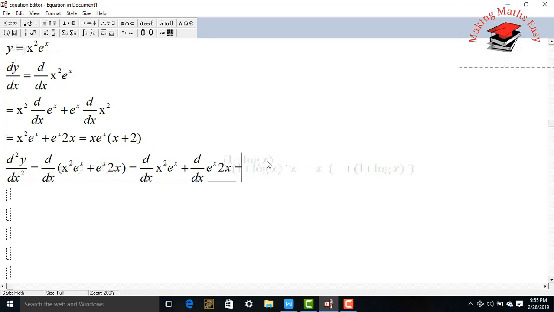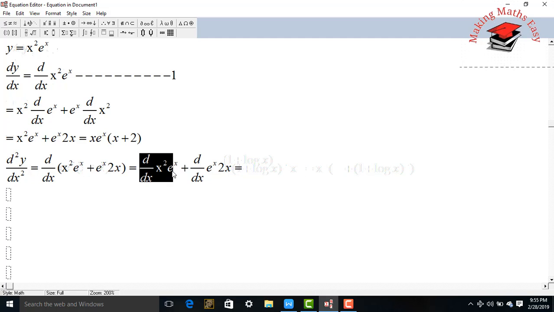So x square into the derivative of, means derivative, this part we know, because we can write over here a note that this is the first equation. According to the first equation, the derivative of x square e raised to x is equal to x e raised to x into x plus 2.